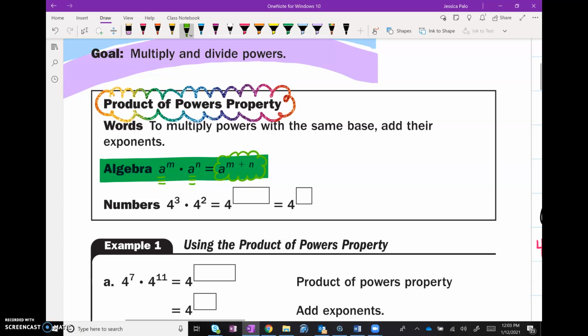So if that's the rule, how do you think we find the answer to 4 to the 3rd times 4 to the 2nd? We have two exponents with the same base, but different powers. What do you think we're going to do here to find the answer? They have the same base, so we're using 4, that same base. How do you think we're going to find the answer without writing out all of that long multiplication?